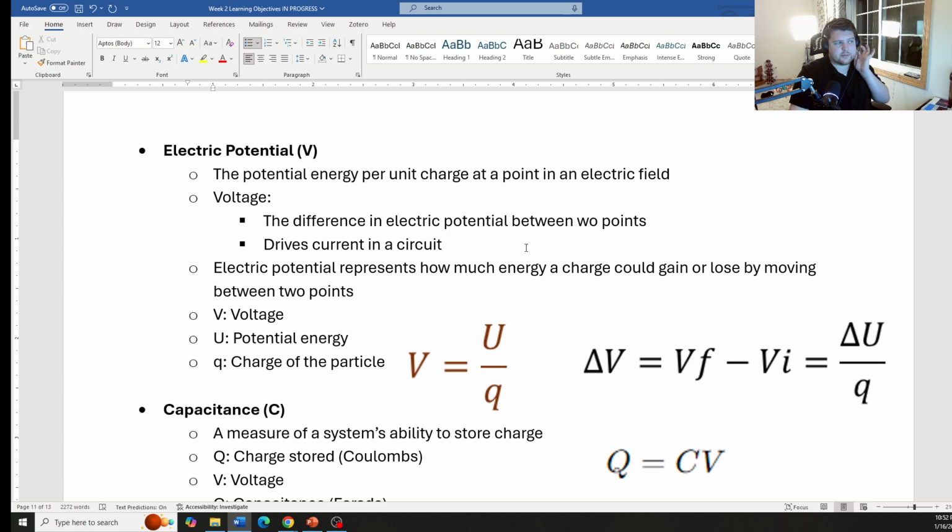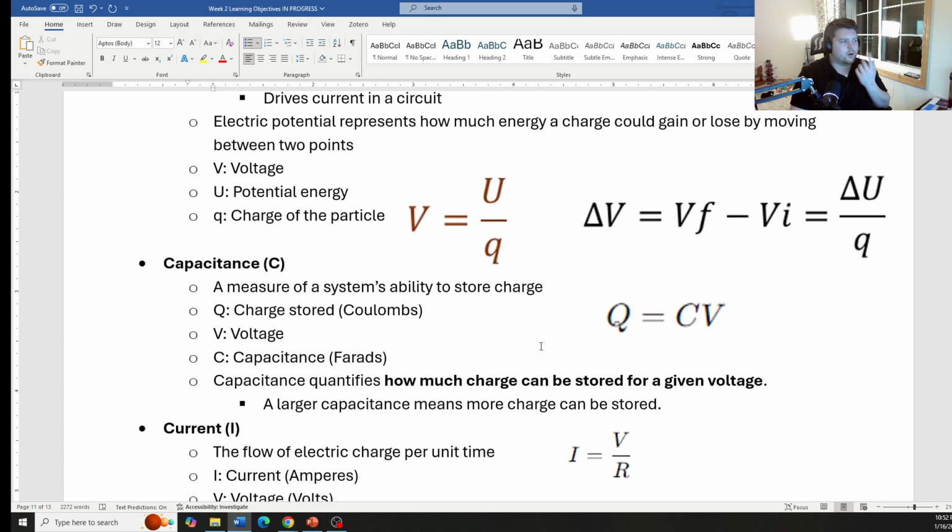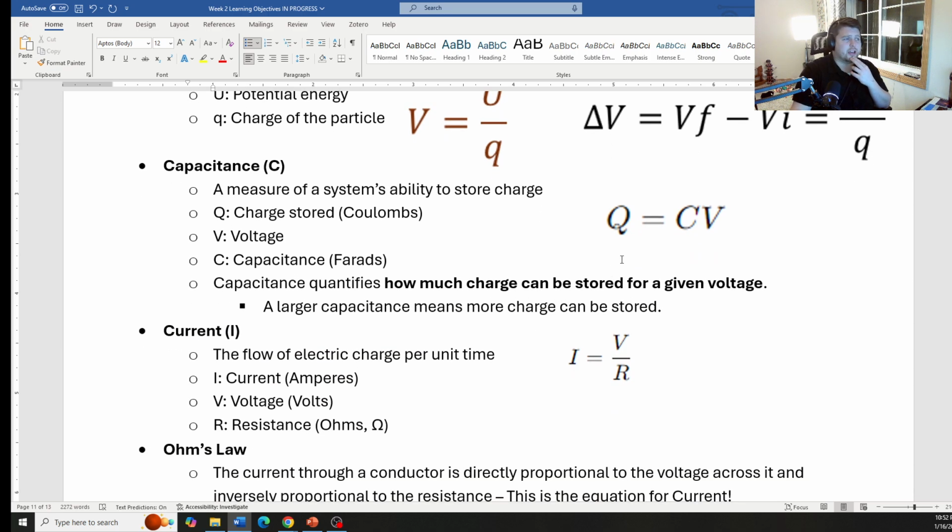This is measured in volts. So voltage equals our potential energy equation divided by the charge of the particle. Again, hopefully a lot of these equations are just plug and chug.